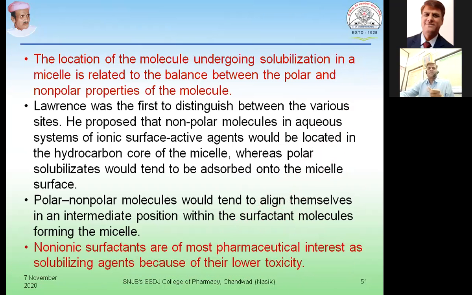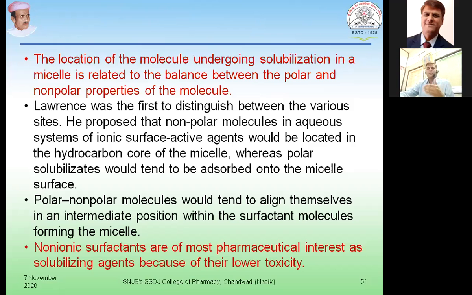Non-ionic surfactants are the most commonly used pharmaceutical excipients as solubilizing agents because of their lower toxicity. Common examples of non-ionic surfactants used in the pharmaceutical industry are sorbitan esters, which we call SPAN.